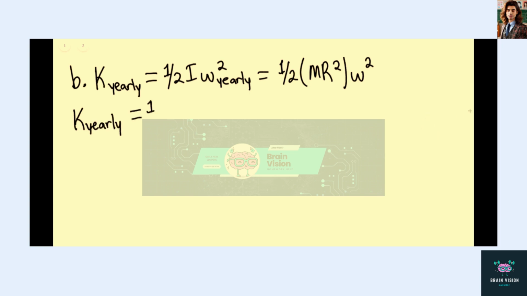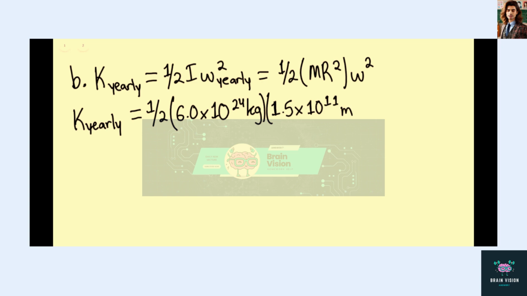This would be equal to 1/2 times the mass of the Earth, so 6.0 times 10 to the 24th kilograms, multiplied by r squared. So the distance between the center of the sun and the center of the Earth would be 1.5 times 10 to the 11th meters, quantity squared. And then this would be multiplied by 2 pi radians for every 365 days.